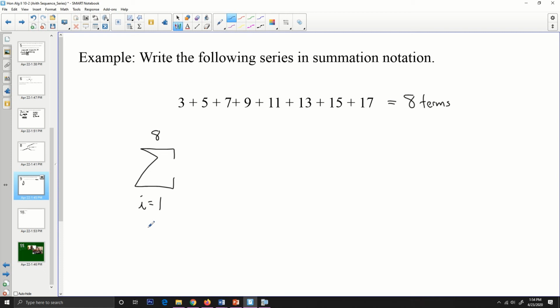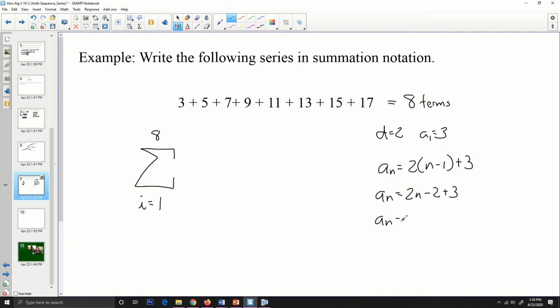All right. Now the only thing that I need to do now is find the equation for what I'm going to put out here. And that equation is just the equation for how to figure out the terms in the sequence, which we've already done. This thing here has a common difference of 2 and a first term of 3. So if I go a sub n equals, it'll be 2 times n minus 1 plus 3. And so a sub n equals 2n minus 2 plus 3.